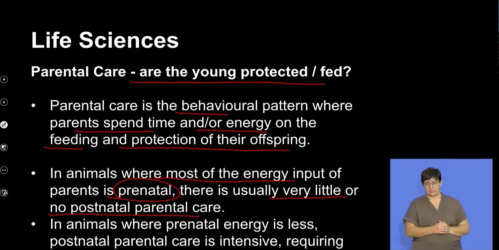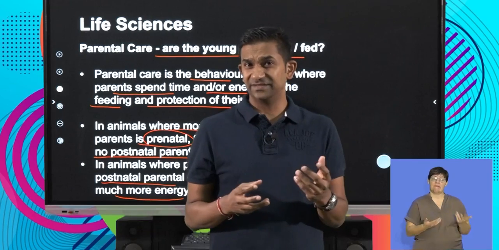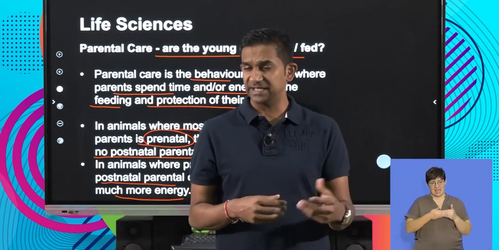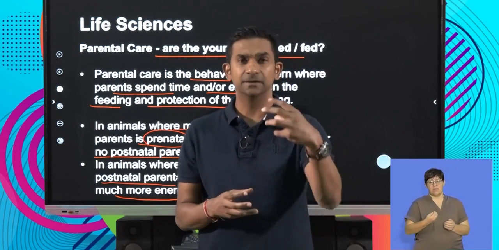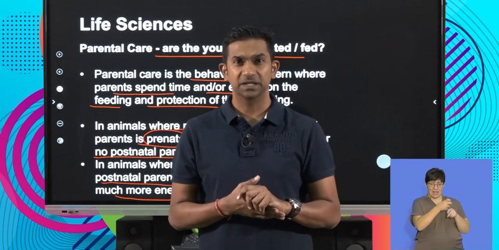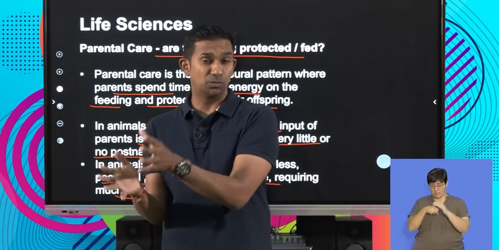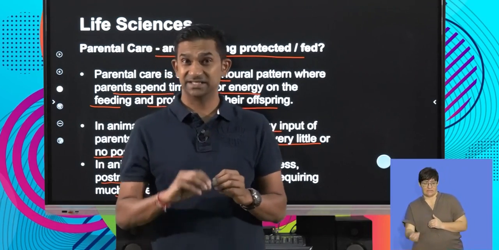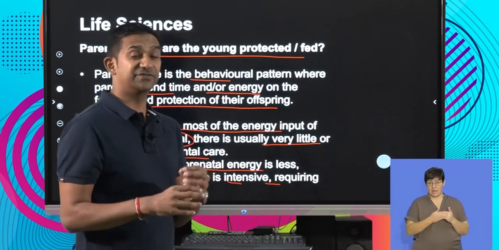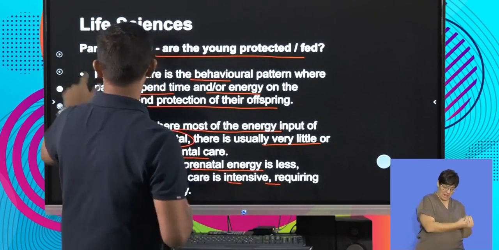In animals where prenatal care is less, postnatal parental care is intensive, requiring much more energy. So in species where there's very little development and incubation during the development of the egg, once they hatch or are born, there is significant care for them after that. So we say that there is higher parental care if there is very little prenatal care.